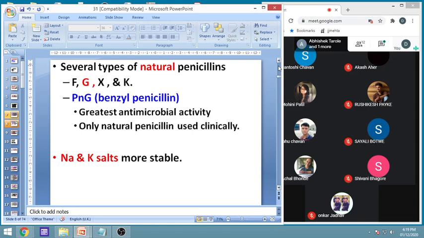Its sodium and potassium salts are more common. It has the greatest antibacterial activity. This is very important. It is the only natural penicillin used clinically nowadays, that is penicillin G. Unfortunately it has a very narrow spectrum. We shall see it. Okay.